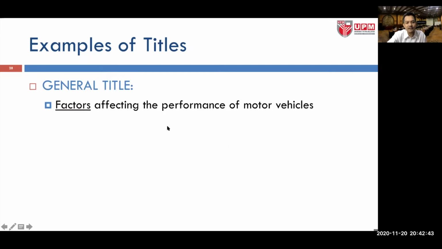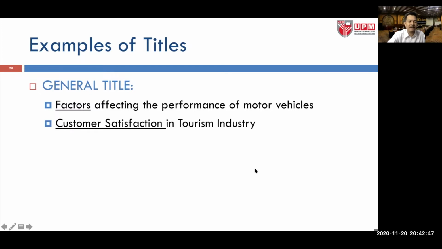So general title, the first one is factors affecting the performance of motor vehicle, and then another example, customer satisfaction in tourism industry, right? And pay attention on the bold underline wording, customer satisfaction in tourism industry.